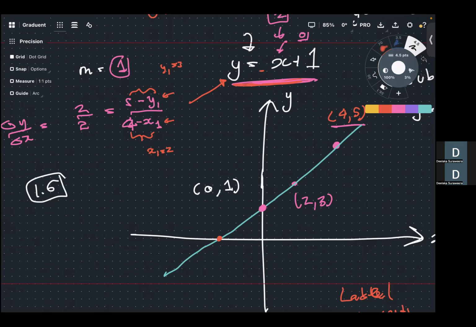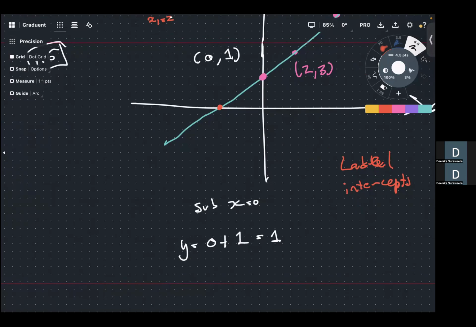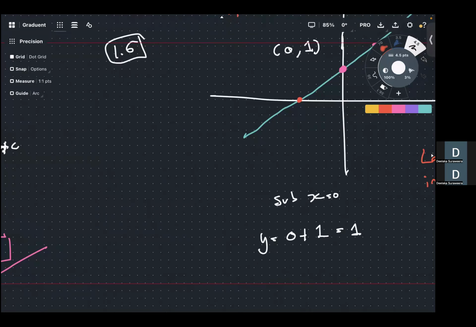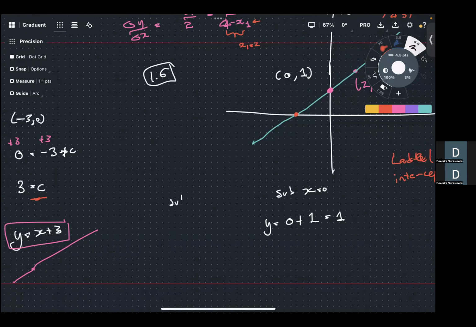Okay, can someone else tell me how to find the x-intercept? The idea is quite similar. Yes, go for it. Spot on. Just like in the y-intercept, the x is 0. In the x-intercept, y is 0. Yes, y is 0, so you sub that in. There's no rule saying you have to sub in x's only.